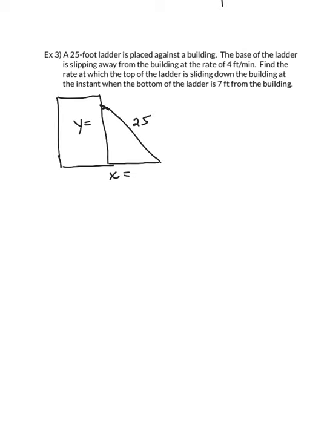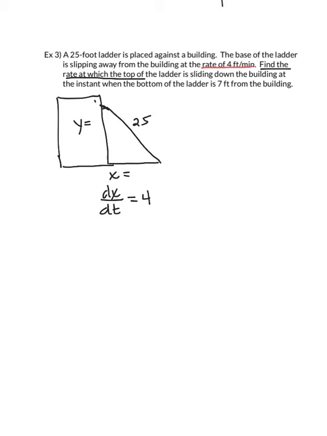So when it's talking about this ladder moving away at 4 feet per minute, that's telling me my horizontal change, or dx dt, equals 4. It says find the rate at which the top, so if you start talking about rate at, that means that you are looking for a derivative, is sliding down the building.